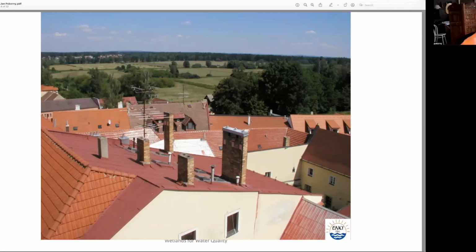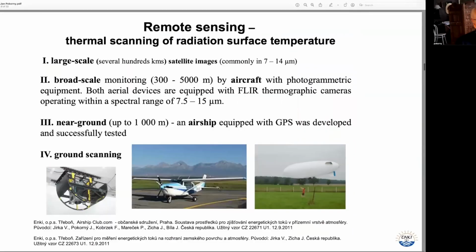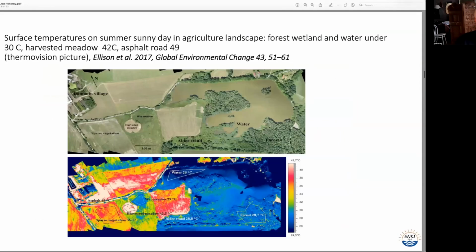This is a normal picture of my region, and what Christian showed, next picture, is a thermal one, and you see that the dry surface of the roof has 53 degrees, and wet meadows have 29 degrees. Next. We can even check it using the thermocamera, next one, which was on an airplane or on a balloon.